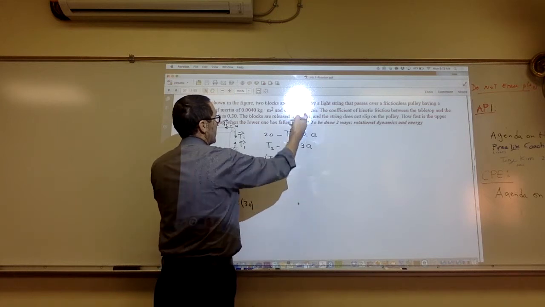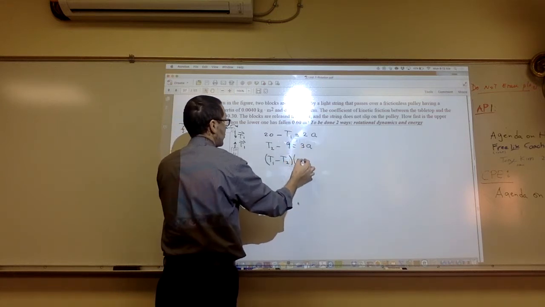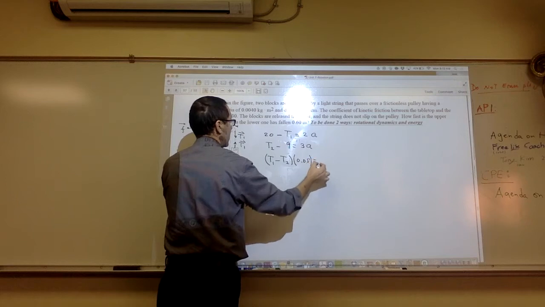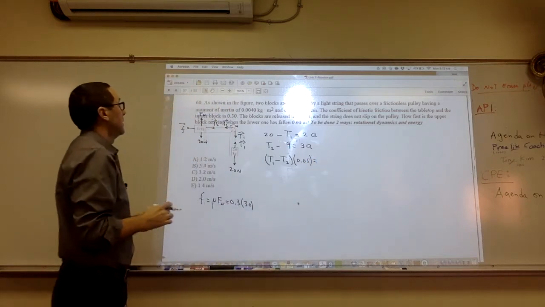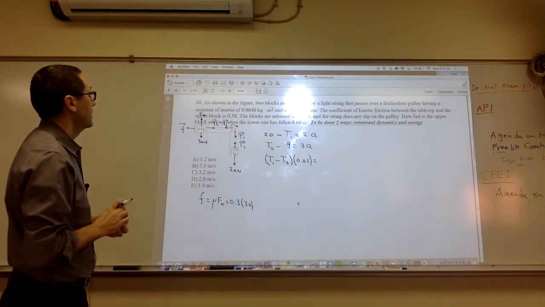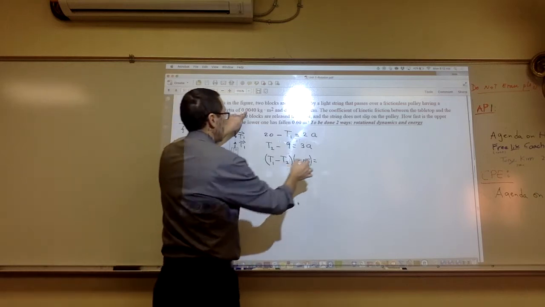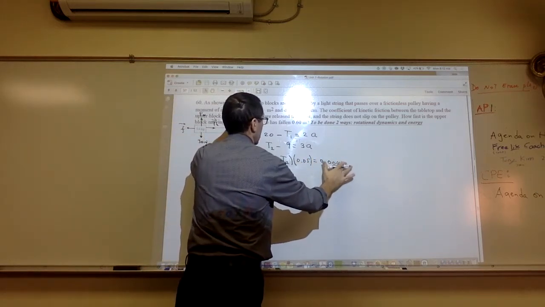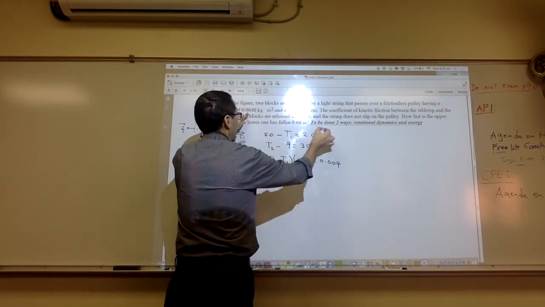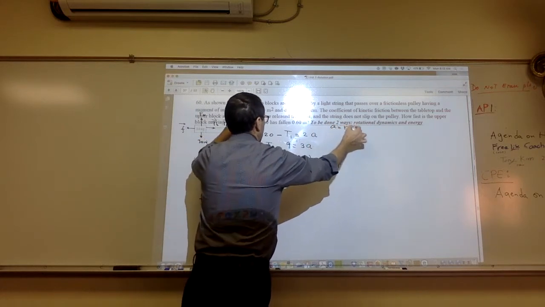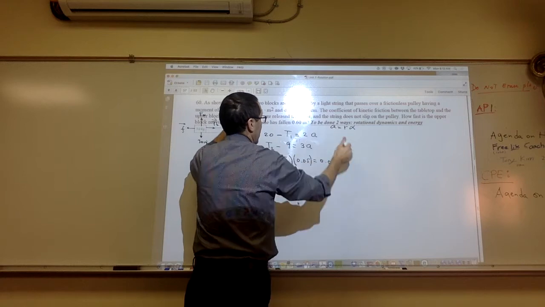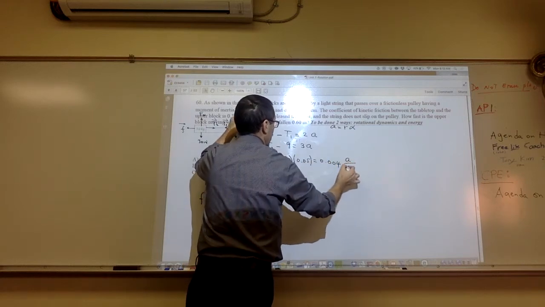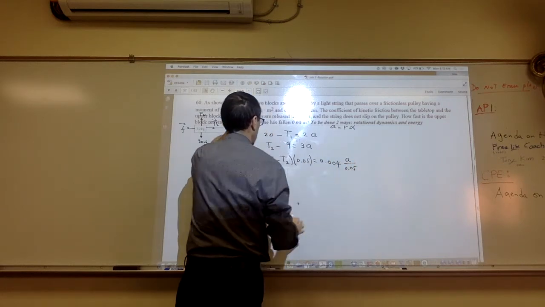It's got a diameter of 10, so a radius of 5, so 0.05 meters, equals I, which is given, times alpha. Now a is equal to r times alpha, which means alpha is a over r, which is 0.05.